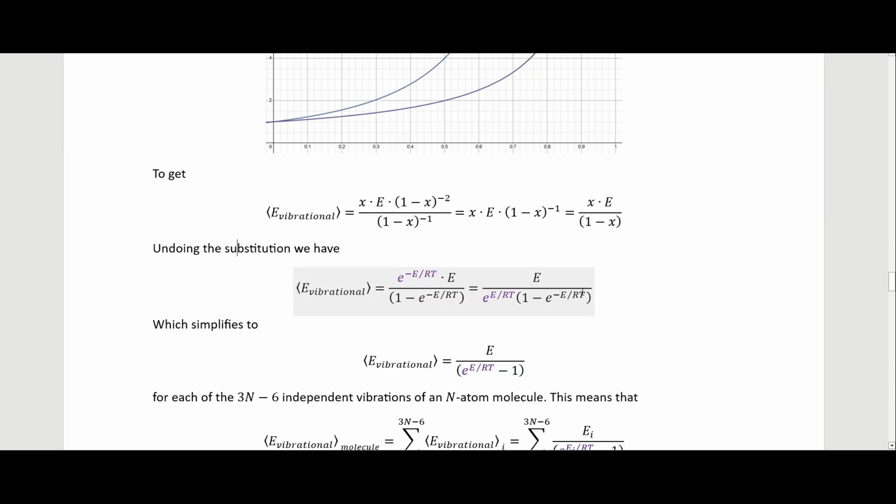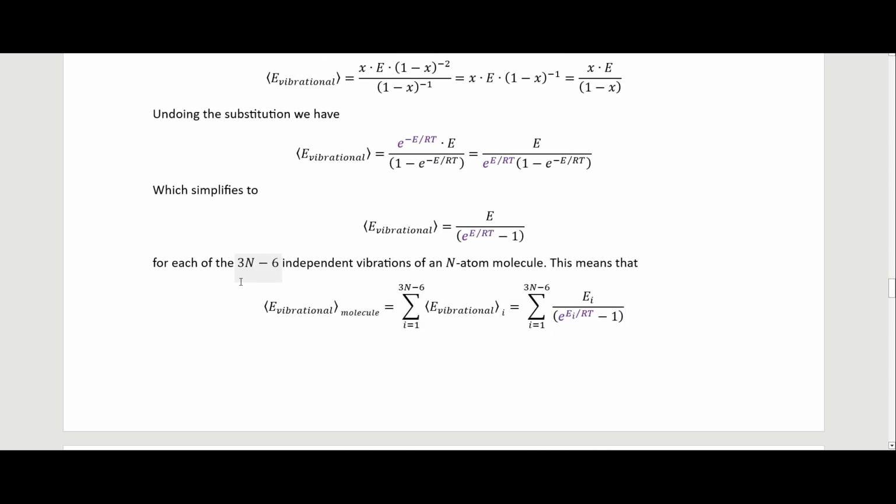Undoing the substitution, we end up with this right here, which again, the negative exponent tells us that this ends up in the denominator, and then we can distribute this in here, so we end up with that in the denominator. So for each of the 3n minus 6 independent vibrations of an n atom molecule, this means that the vibrations for the molecule right here will be equal to the sum of these vibrations for each possible vibrational mode.